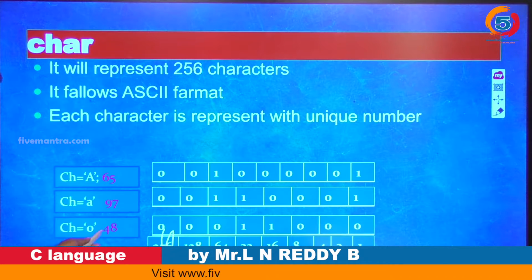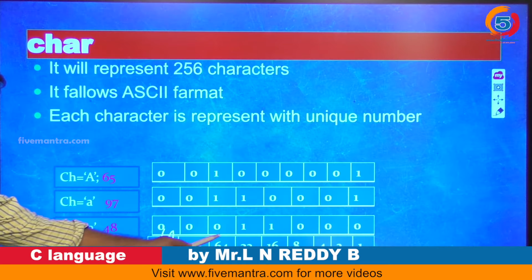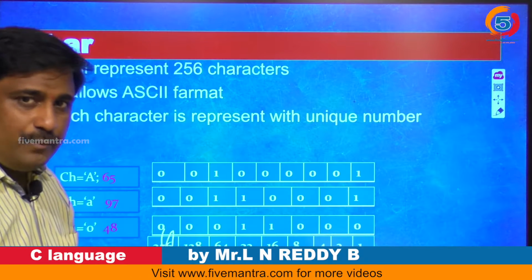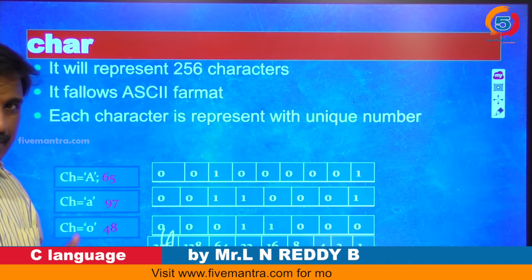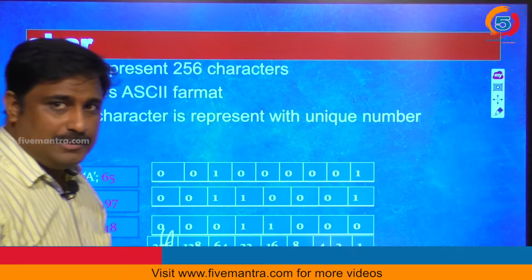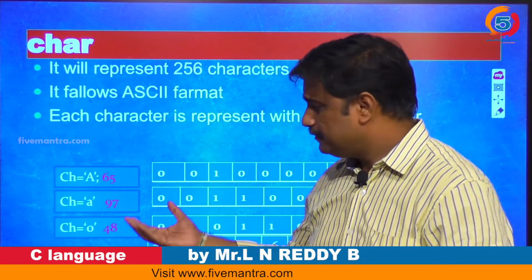This is the ASCII value of the character 0, which is 48, and that will be saved in this way. This is a simple way we are doing the memory allocation for ASCII values.